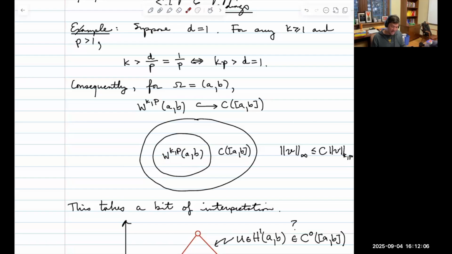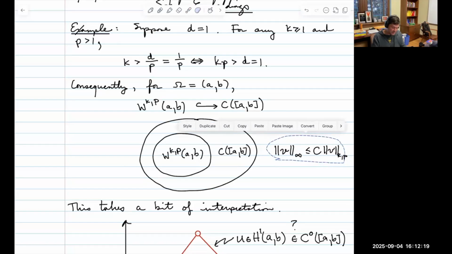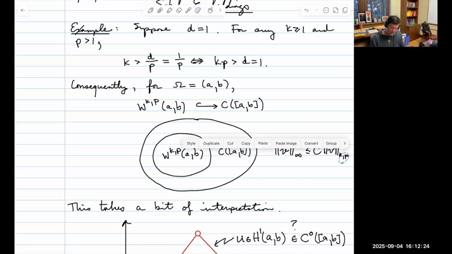And furthermore, that embedding mapping is a continuous mapping in the sense that we had, as one of you was asking, an estimate which looks like this. Got a little bit crammed there. So that should be my K,P. By the way, to save a little bit of writing, instead of writing W^{K,P}, I'm just going to shorten that and write it as K,P, if it's understood what I'm talking about.